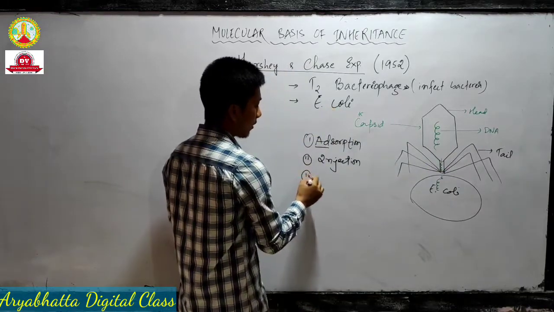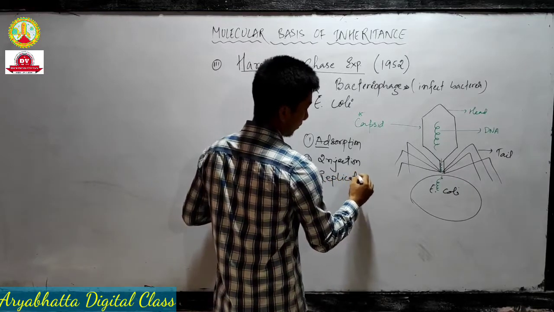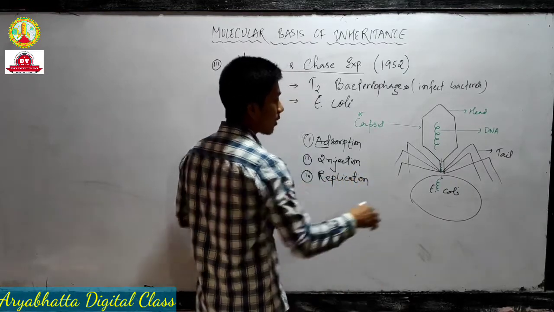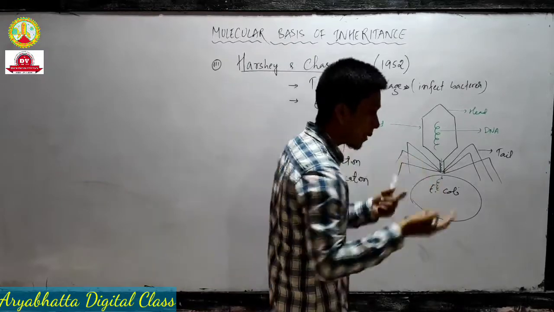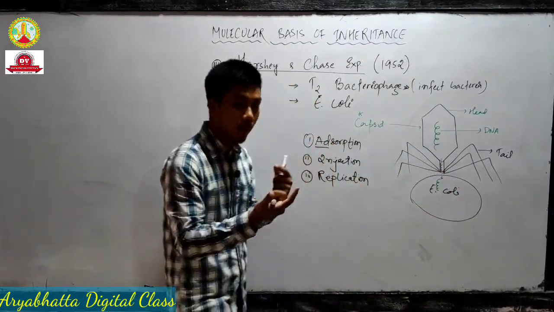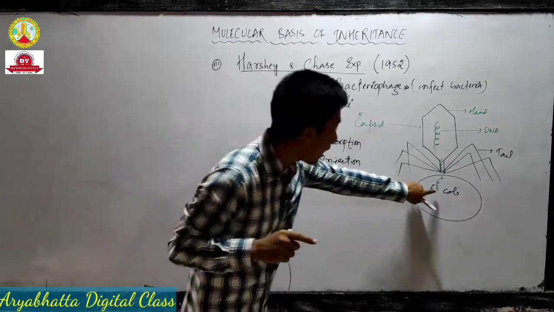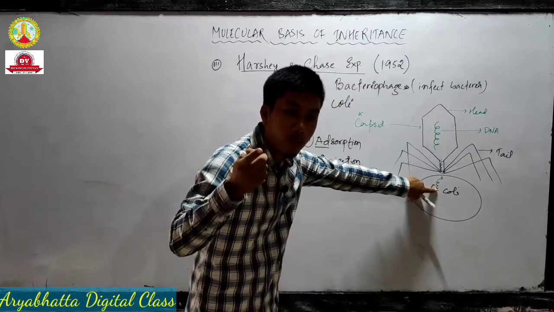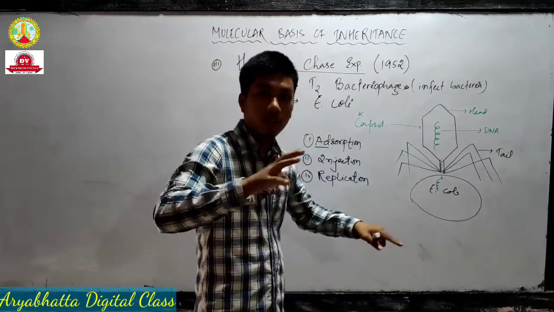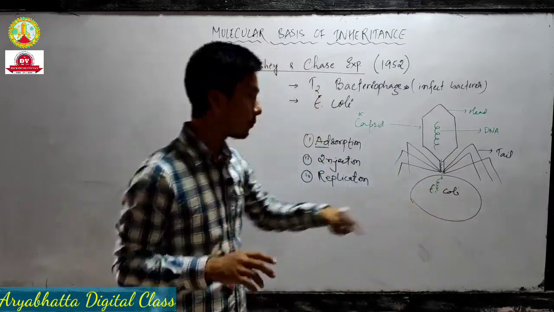Then next, what happens? Replication will happen. Replication means this DNA will replicate inside the bacterial body. Replication means making a copy of their own. This DNA will make a copy of its own, just like a Xerox copy, inside the bacterial body.